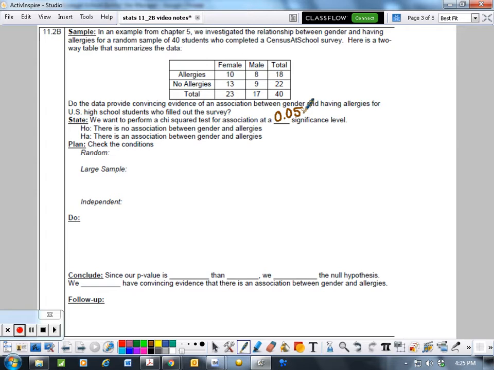Our null is there is no association, and our alternative is there is an association. So we're going to check our conditions. We had a simple random sample of 40 students. And then we're going to check those expected values. For our expected values, we're going to go to our explanatory variable.